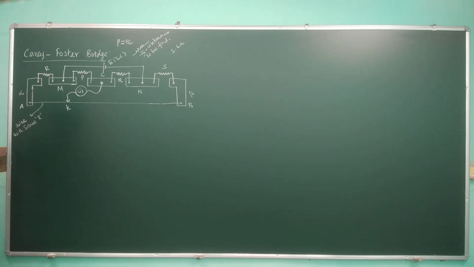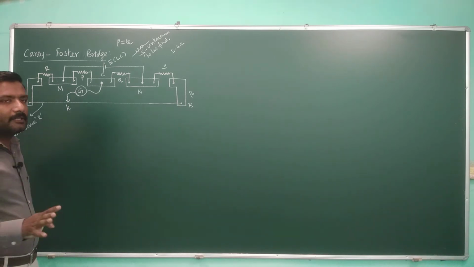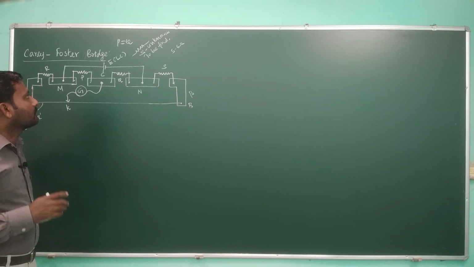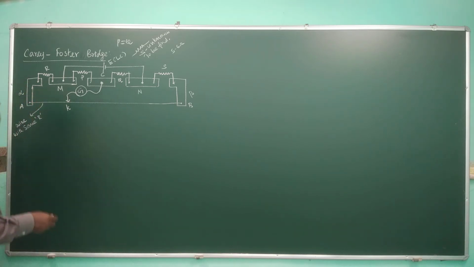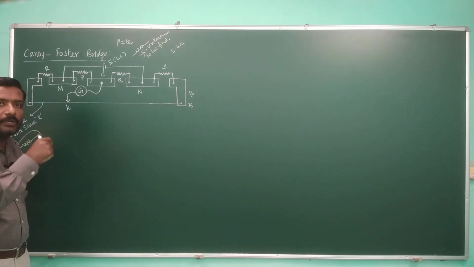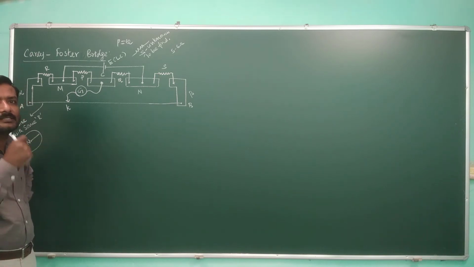Fine. See, I may be toggling between resistance and resistor, right? But which one is the correct word? This component is called a resistor, and the value held by this resistor is called resistance.